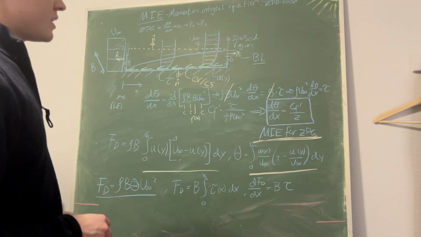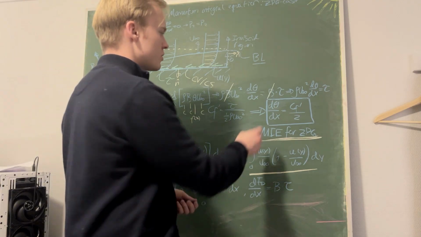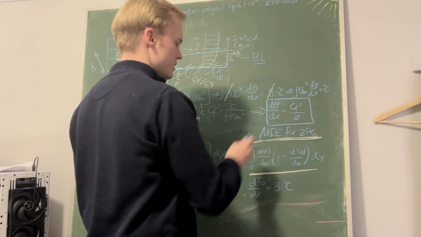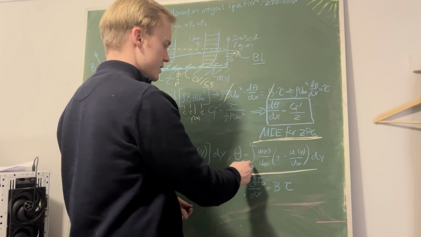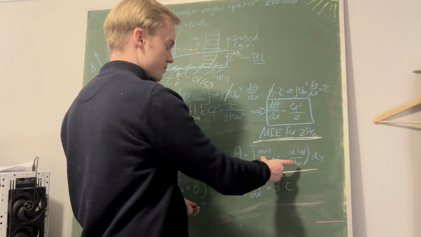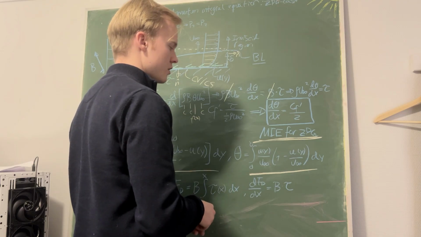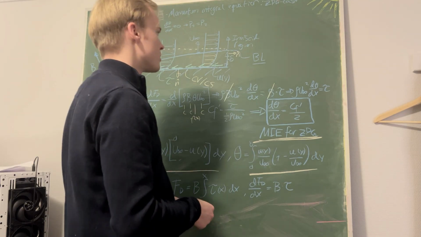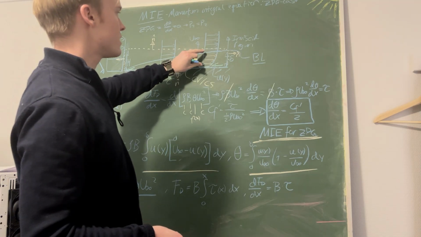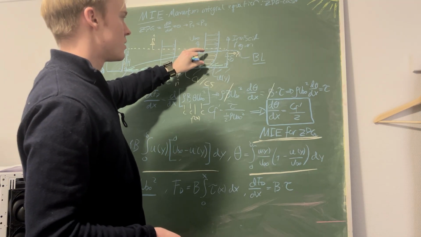So then we could see that the theta, we define that as this function, and that is a function of our u of y, our viscous flow beneath the boundary layer.